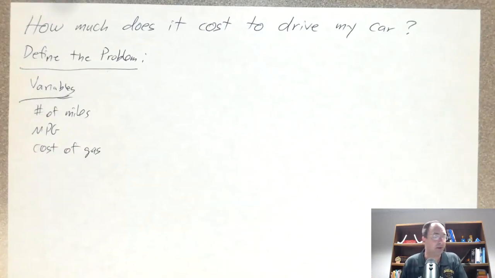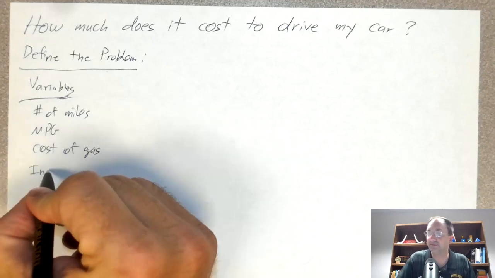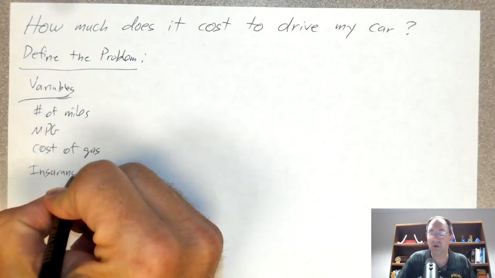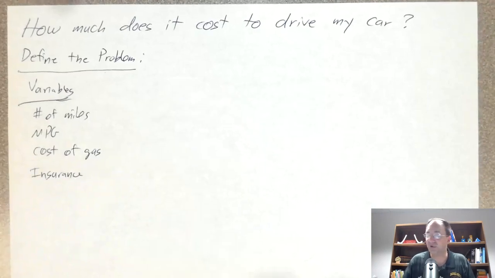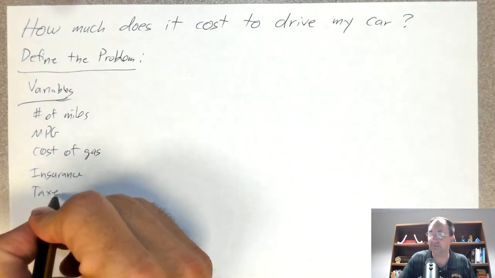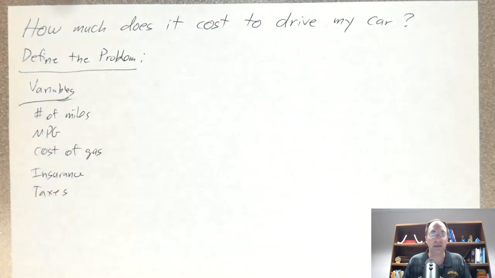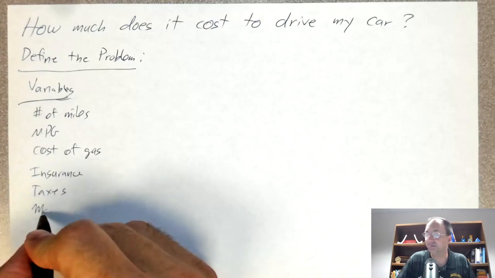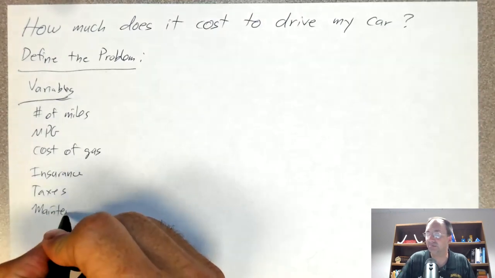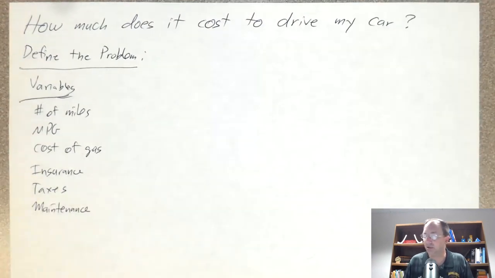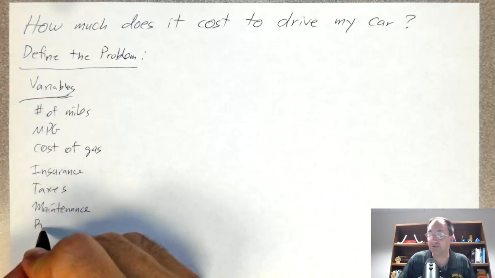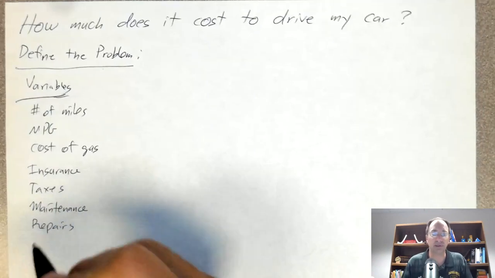But as you think more about it, there might be some other things that come to mind. For instance, insurance. Right? That's certainly part of the cost of driving a car, as are taxes, as is maintenance. You have to get oil changes, keep your tires in good condition. Things are going to break, so there's going to be repairs.